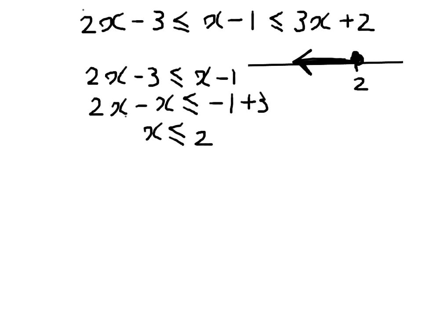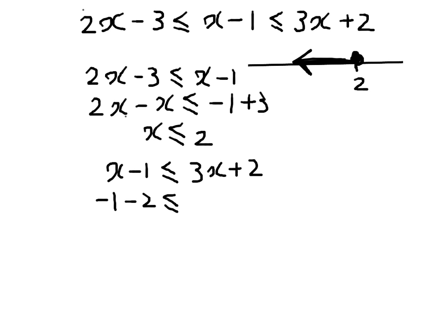Okay, now I'm going to do the middle and the right hand side. So my question would be x minus 1 is less than or equal to 3x plus 2. Move the smaller x, so you're going to have minus 1 minus 2 on the left hand side. On the right hand side you have 3x minus x.